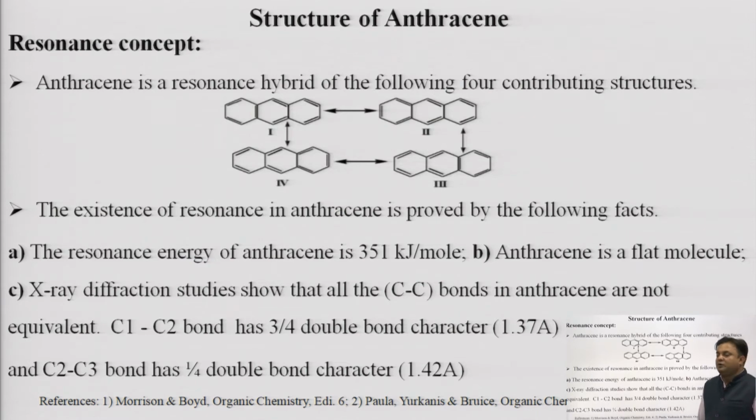Now the most important part when we are talking about the structure of anthracene is the resonance concept. We know that for creating resonating structures, we have to delocalize the pi bonds present in the structure. After pi bond delocalization, we get 4 resonating structures: 1st, 2nd, 3rd and 4th.